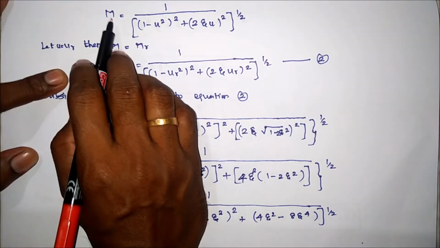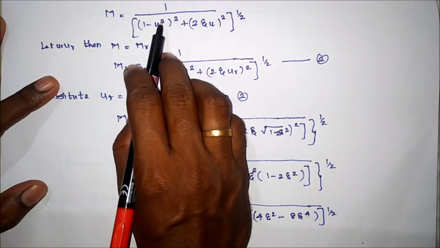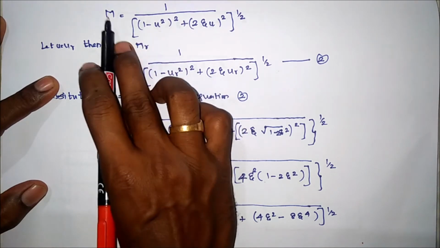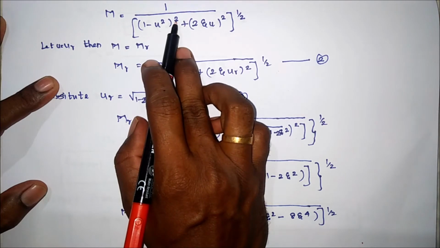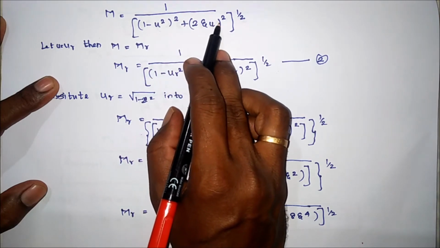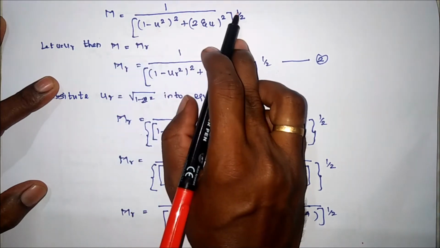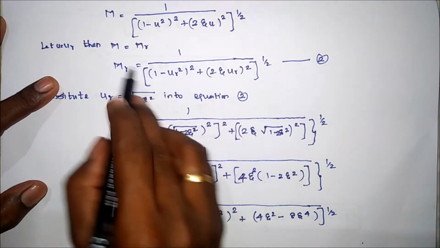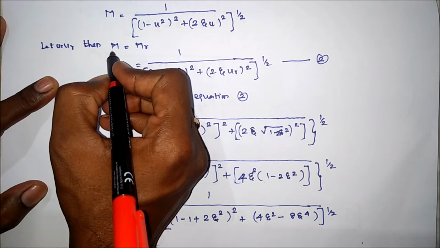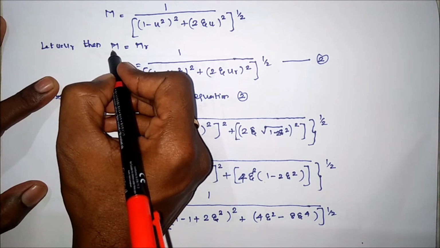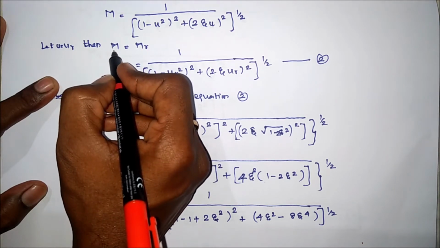So now we have found the value of ur. M equal to 1 divided by 1 minus u square the whole square plus 2 eta u square, then square root, or we can say power 1 by 2. Now, according to the concept, we have to get the resonant peak value.